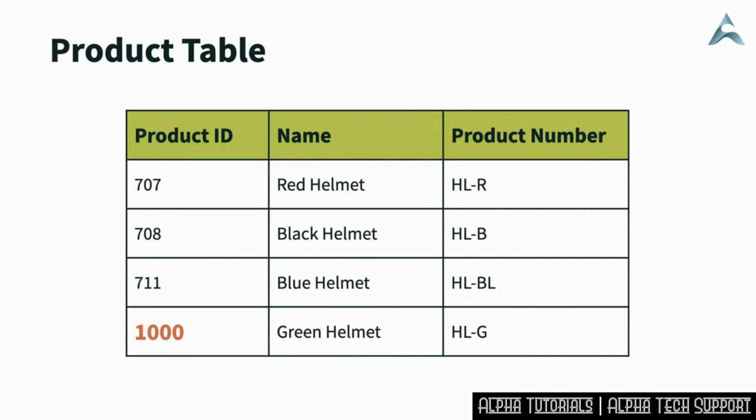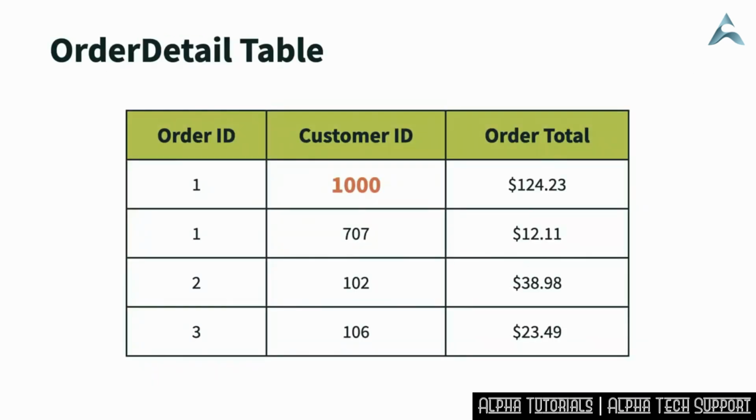Now, it's okay for us to delete these products because we created them earlier in the course. But what would happen if you deleted the black helmet that was already in the database previously, or all the helmets from the product table? Well, we have orders that reference these product IDs in the order detail table.